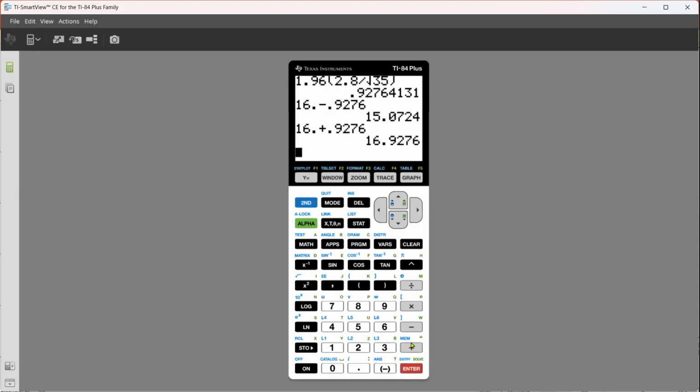And there's my interval between 15.0724 and 16.9276. So my interval is between 15.0724 and 16.9276.